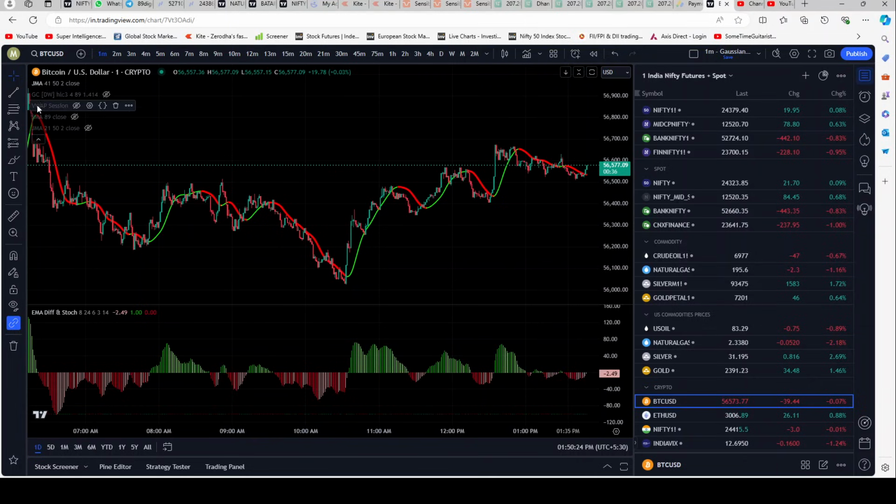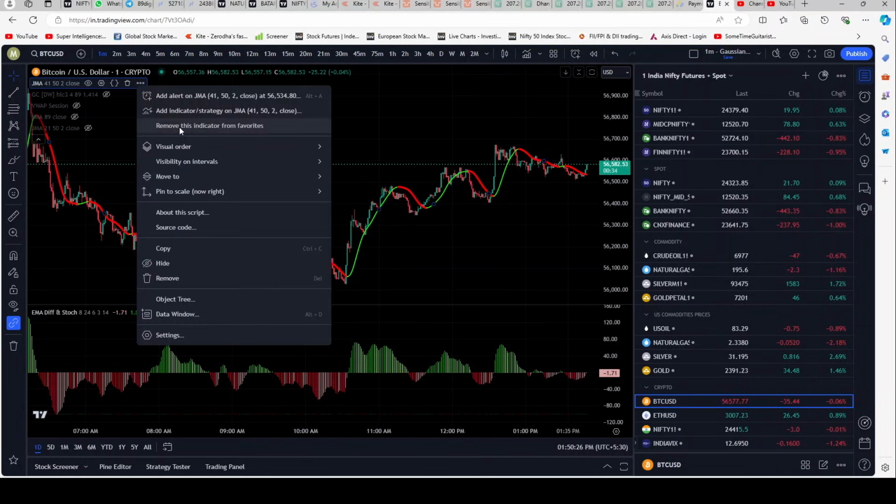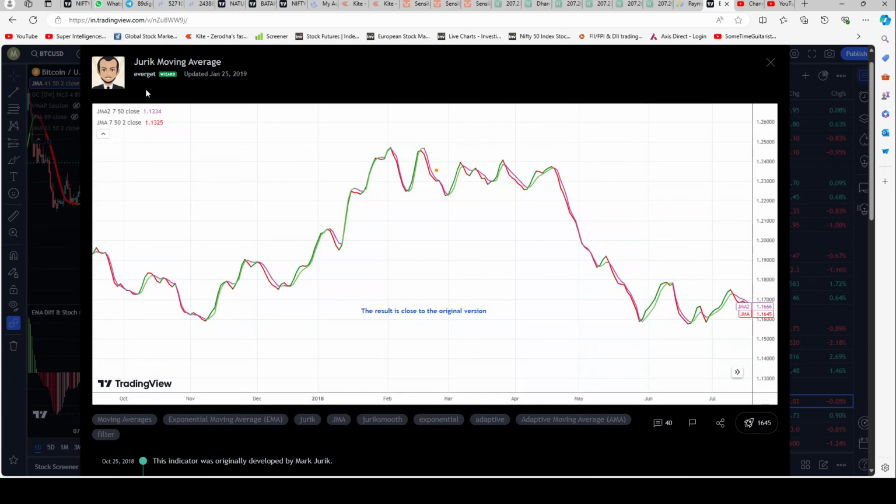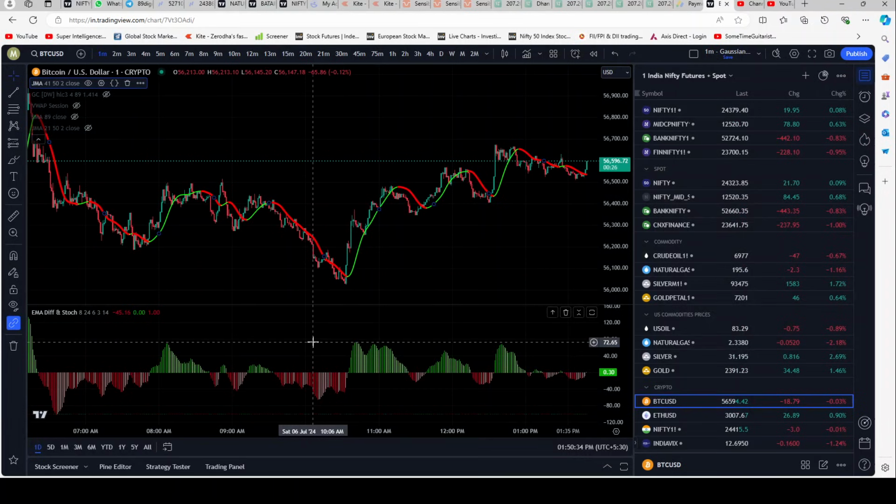The next thing we will do is use something called Zero Lag moving average by Everget. This has been working great for me on the 5 minute time frame in the other indices that I trade, and it's been working for me when I do paper trading on Bitcoin also on the 15 minute time frame with a value of 21.